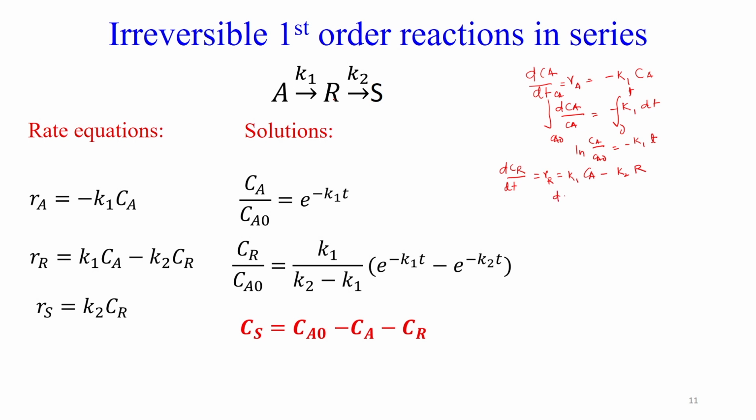So, it will be dCR upon dt plus K2 R is equal to K1 CA, and CA we can write from here. CA is CA naught e to the power minus K1 into t.